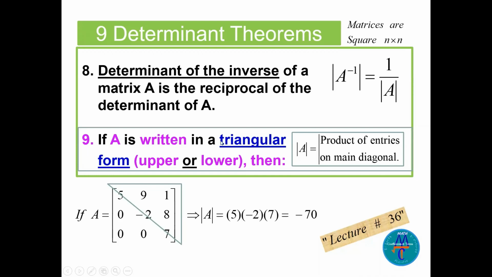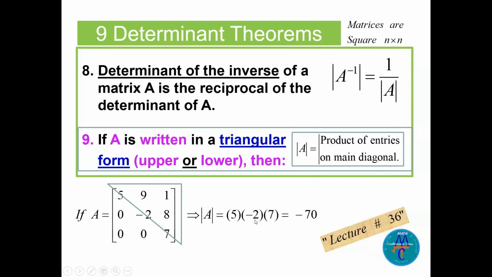Number 9, I have to explain the words triangular form, upper or lower. If we have any square matrix A, 3 by 3, 4 by 4, 5 by 5, etc., and it is written in triangular form, like this is a triangle here, upper or lower, with zeros below the main diagonal or zeros above the main diagonal, then it's enough to multiply the entries on the main diagonal to find the determinant.